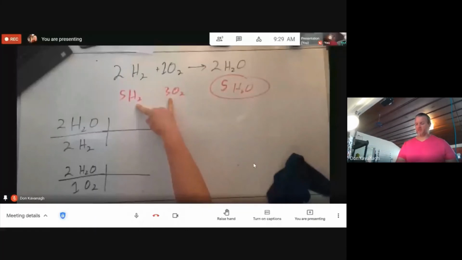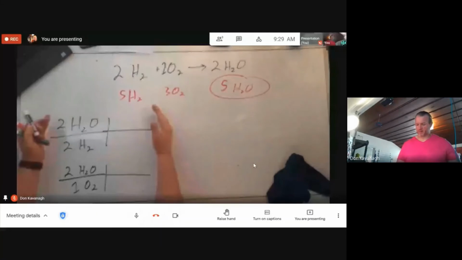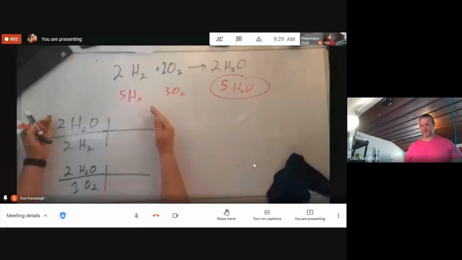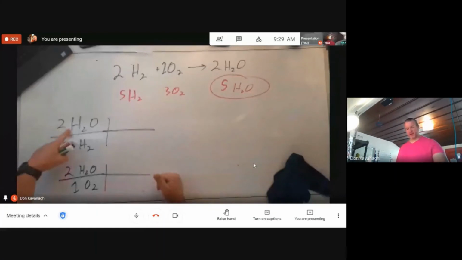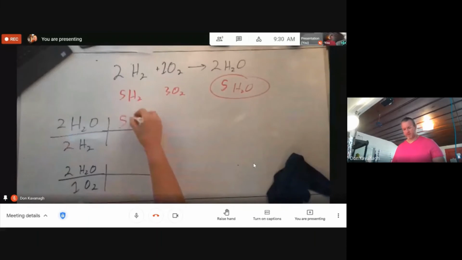So 5 H2s are what's in my stock room that I use for the reaction here. And that's placed up on top, so that way the H2s cancel out. And when I calculate this out here, I have 2 times 5 divided by 2. That comes out to 5 H2Os.